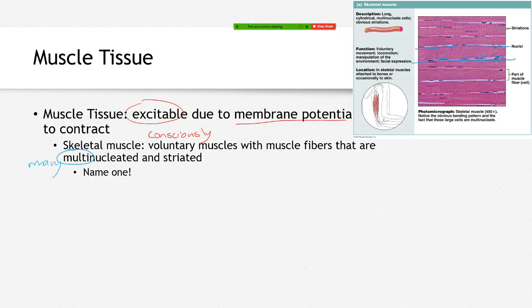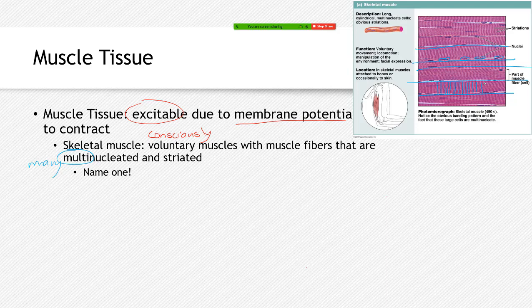Not only that, you see these cells are all kind of parallel with each other. Not only are they parallel, but you also see these striations as well. Striations mean stripes, basically. And this is formed because of the proteins inside of them. You'll later learn about this when we get into that unit.